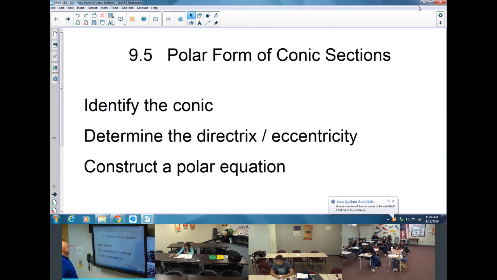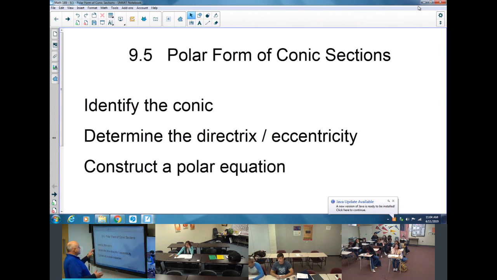Okay, so this section kind of mixes what we did last chapter with polar coordinates with the stuff that we're doing in this chapter with conic sections.